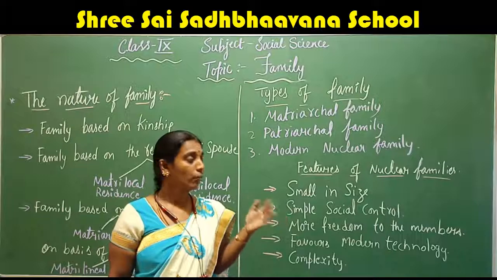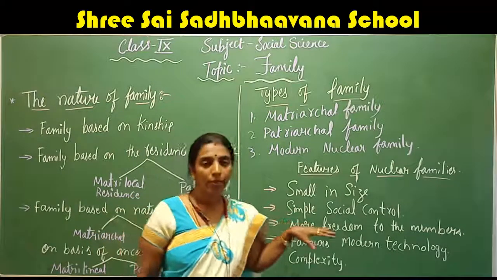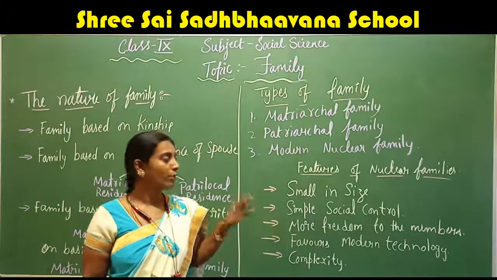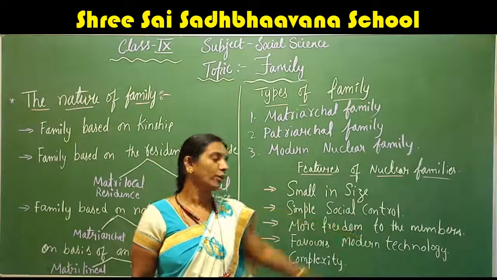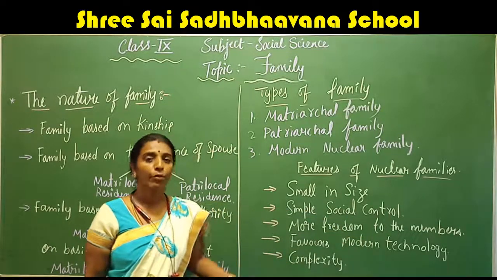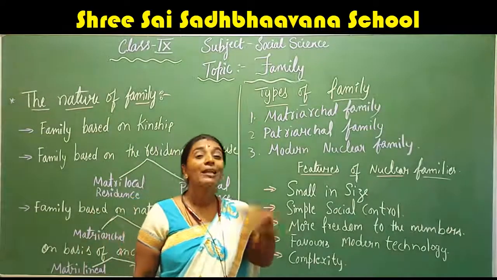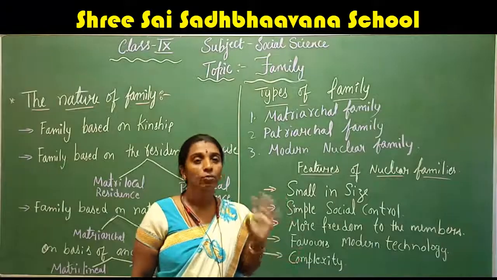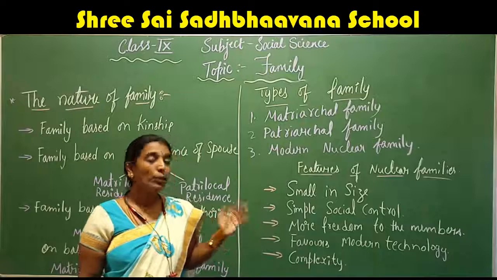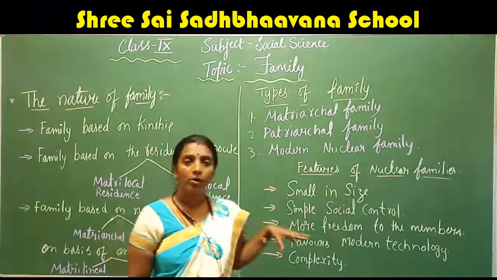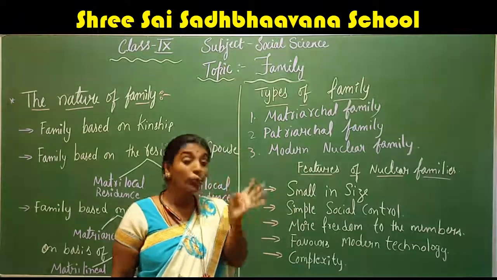When you consider a joint family, you will have the grandparents and cousins and all. But here, there will be only parents, and nowadays both will be working, so the control will be less. And when you consider freedom for the members, there will be more freedom, because only the father and mother will be the elders, and they don't have grandparents to order them or to guide them.